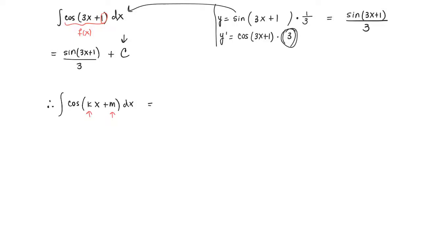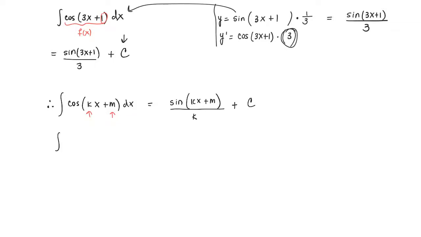The general antiderivative will be, in this case, sine, because the derivative of sine is cosine. Then you're going to have the same linear expression, kx plus m. But then remember that you need to divide by k so that you get rid of k whenever the chain rule is applied. And then you're going to have plus c.